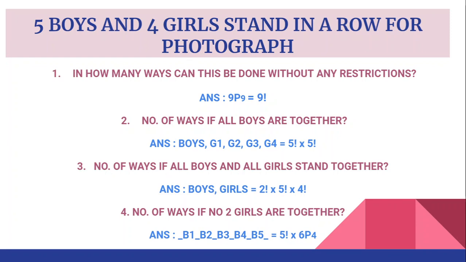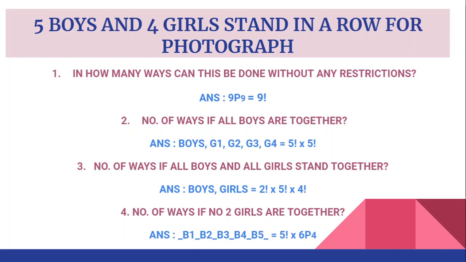Moving on to the next question, the number of ways if no two girls are together. In this case, what we have to do is separate out the girls with the boys. So we'll write b1, b2, b3, b4, b5, and on the left and on both sides of the boys we have a blank space where the place can be filled by the girls, right?